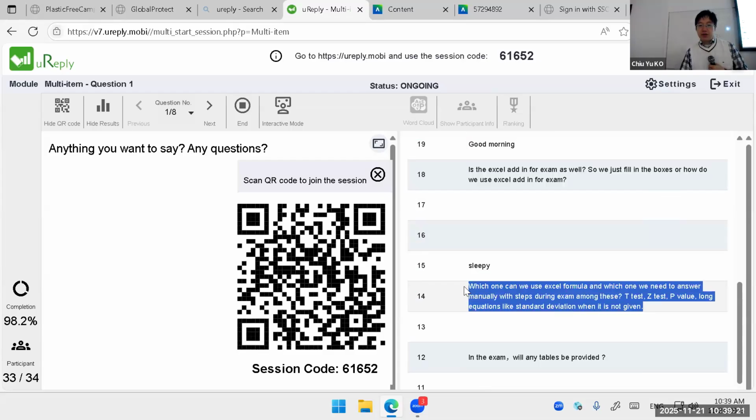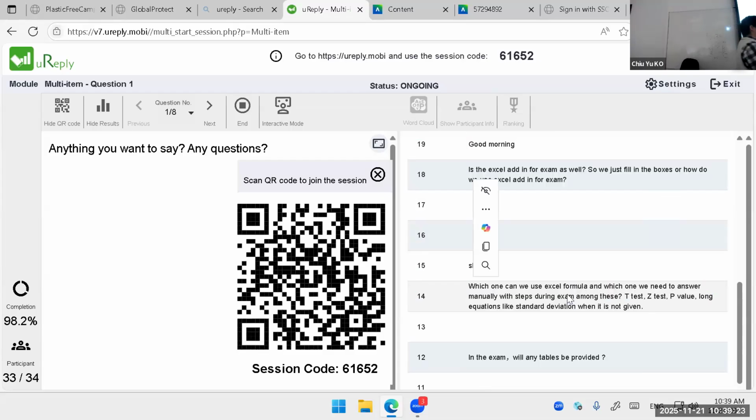For the p-value, there's no way, except with the z normal distribution, that you can find the p-value. But if you look at the t and the f, you really can't do it. So you can bring any table that you need. For standard normal, you have to bring your own. For T, you also bring your own, but I would probably also provide it for some questions, and you may use the one I give.